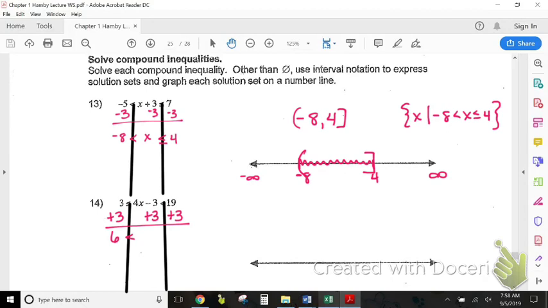So we got 6, our inequality, 4x, our inequality, and what is that, 22? Then what? Divide by 4. Does my inequality change? No.